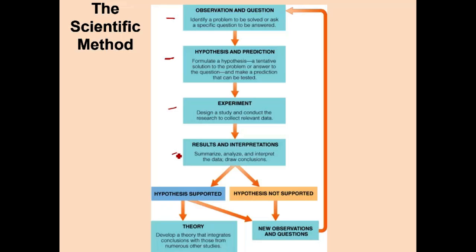So we analyze them statistically and then interpret the data in order to draw specific conclusions. So those conclusions could be either the hypothesis was supported, what I thought was going to happen did happen, or the hypothesis was not supported.